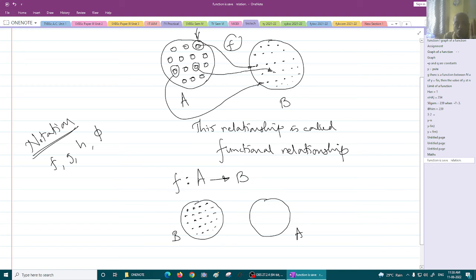Even Bunty, Pappu, Chikku, whatever, everything. And set A contains all the students in your class. Now suppose I consider one particular name over here, say this name. Can I associate that with some unique person in A?